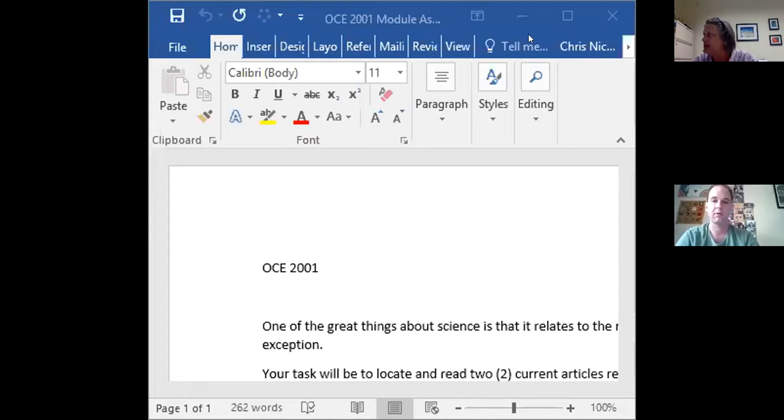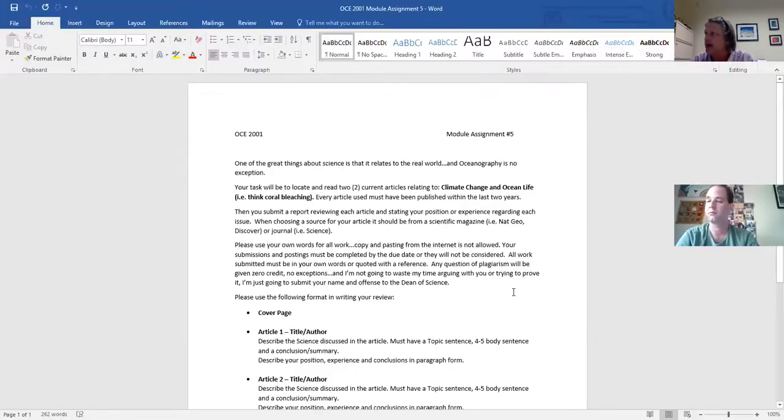The Module 5 assignment, the current events assignment, is on climate change and ocean life. You can see where I put in bold, think coral bleaching. When we were talking about coral, we talked about how the zooxanthellae in the coral could not tolerate the warming temperatures, the warming trend, and this is leading to coral bleaching.